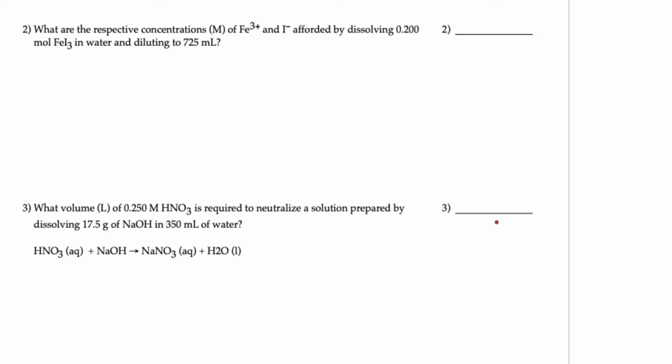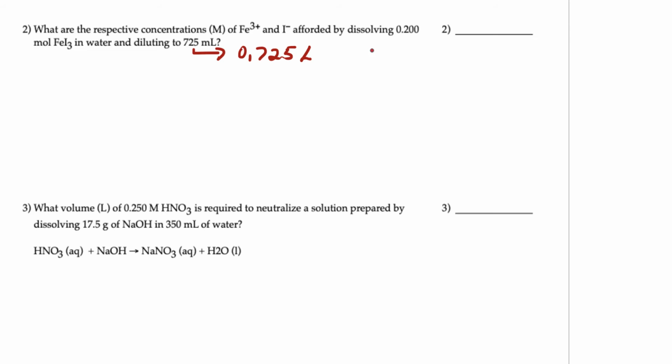Number 2, what are the respective concentrations in molarity of iron 3 and iodide afforded by dissolving 0.2 moles of iron 3 iodide in water and diluting to 725 milliliters? Well, 725 milliliters is the same as 0.725 liters.